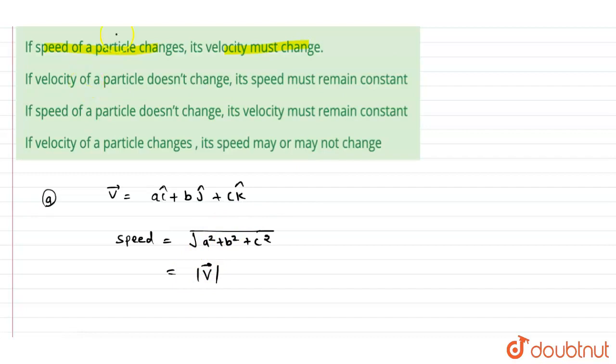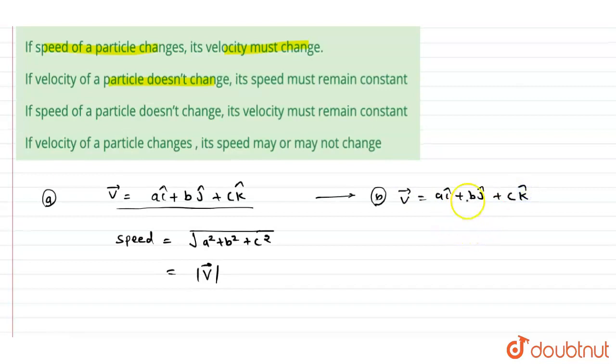Now in the second option, we are talking about if the velocity of the particle doesn't change, its speed must remain constant. Let us consider the same velocity for this: v vector equals a i cap plus b j cap plus c k cap. Here it is given that the velocity doesn't change.